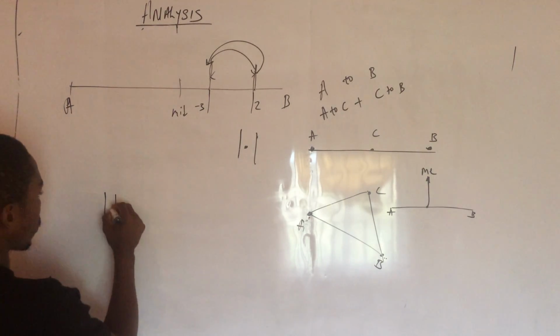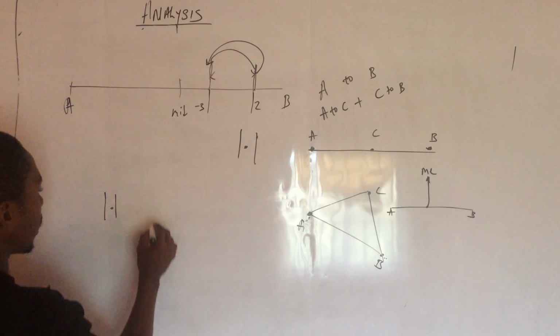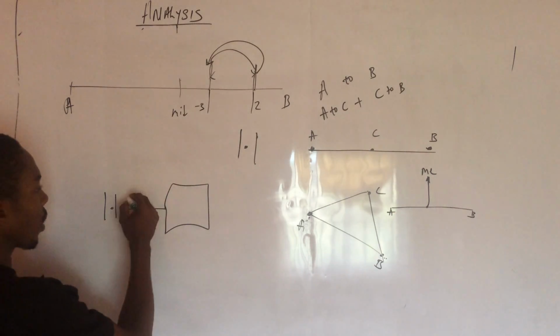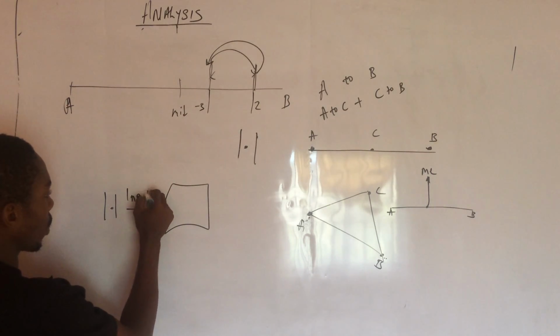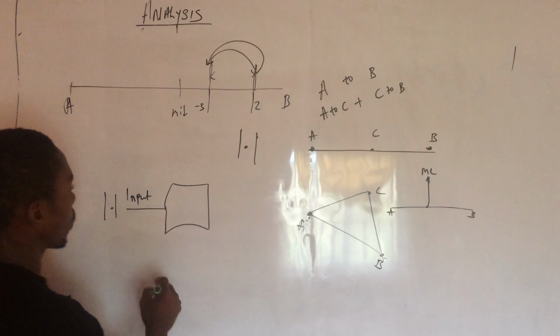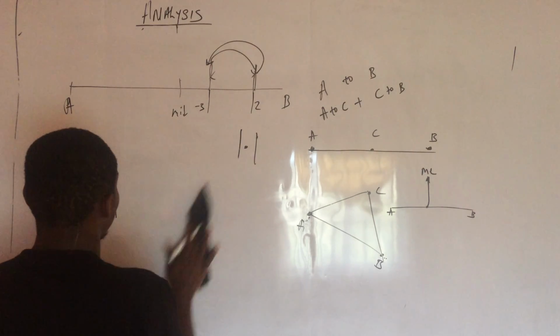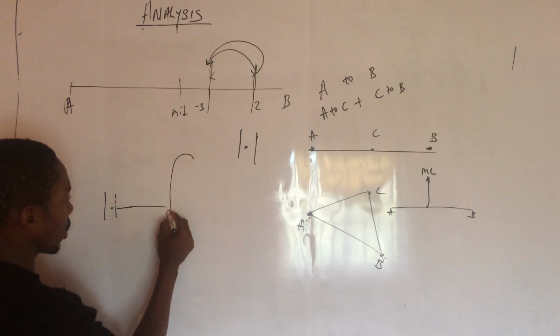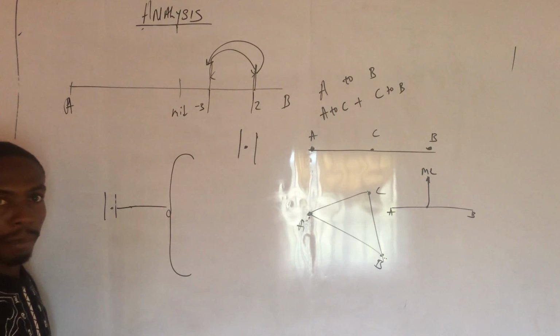So the absolute value function is this, and let's look at it like a machine. This is the input. Now this is the absolute value function. We look at it like a machine.